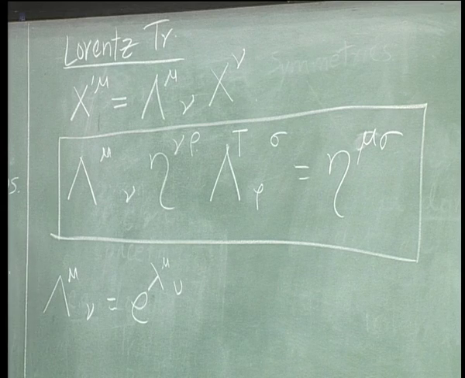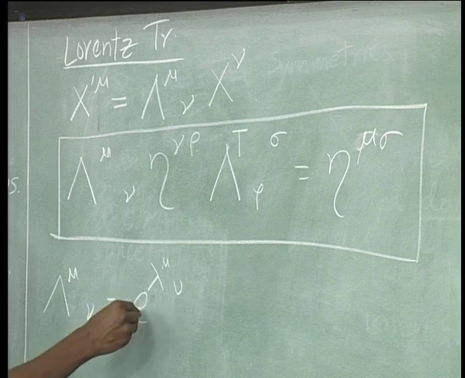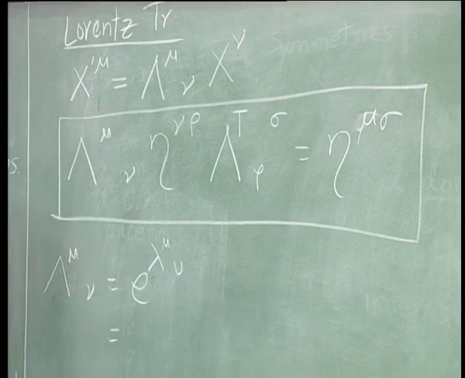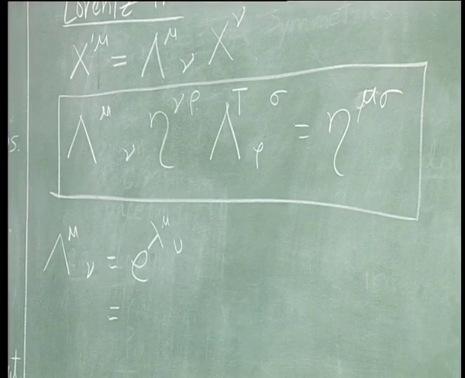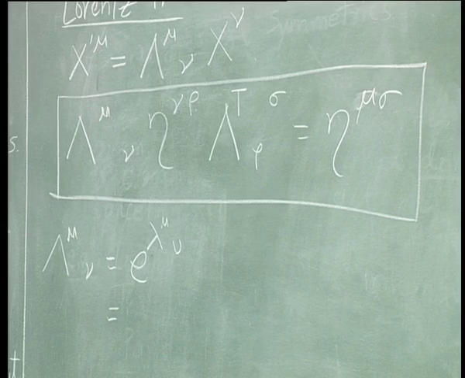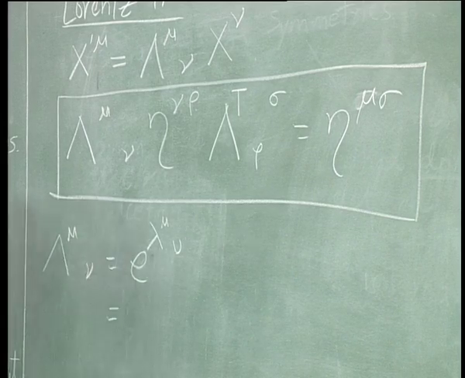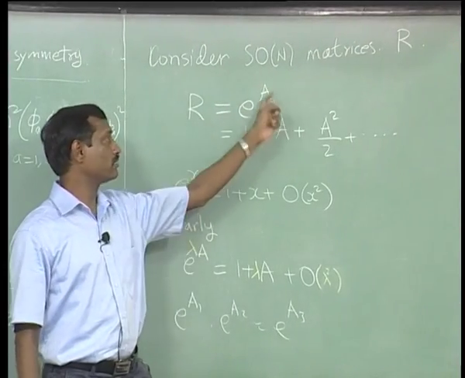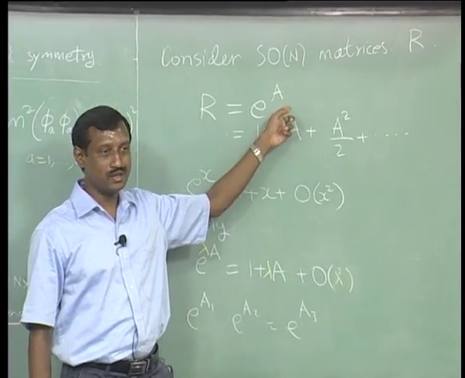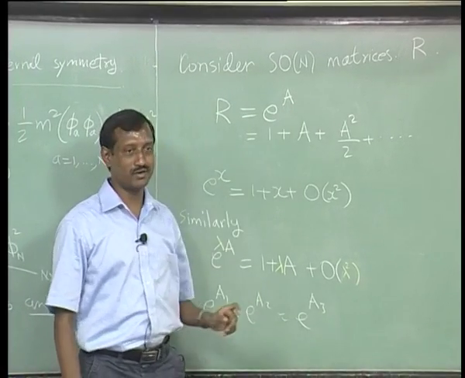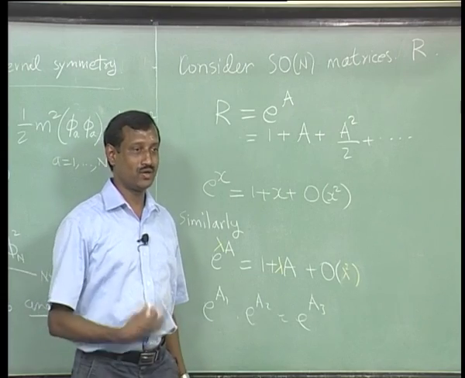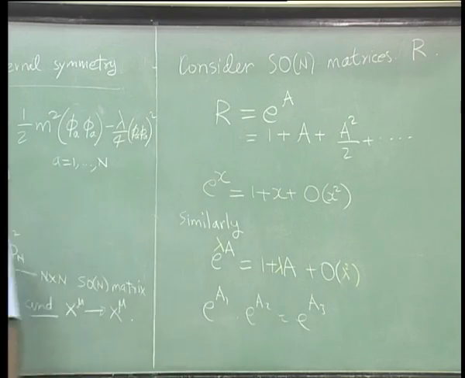What we want to do here is expand this about identity and keep track only of the first term and ask what are the conditions. If we did the same thing out here, we would see that the condition that this be orthogonal implies that A should be antisymmetric. So, what we will get is the analog of that condition on lambda, and let us see what that is.